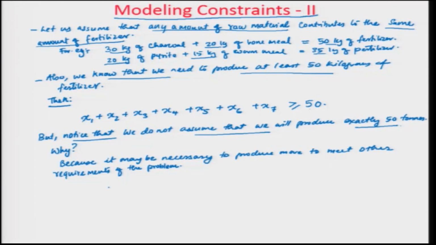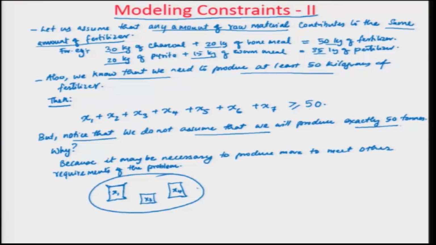So here is a small bag of x1, okay. There is another bag of x3, okay. The third bag of x4, like this. We combine all of these, we should be able to get a bag of fertilizer. It will be 50 kg. These will be individual values, so these 3 together should give you 50 kg of this.